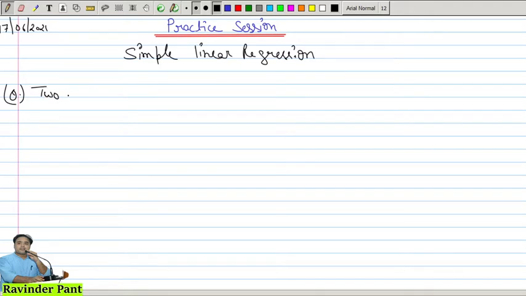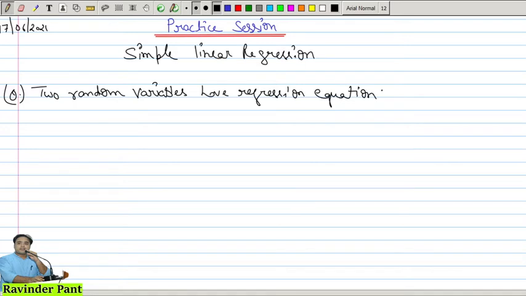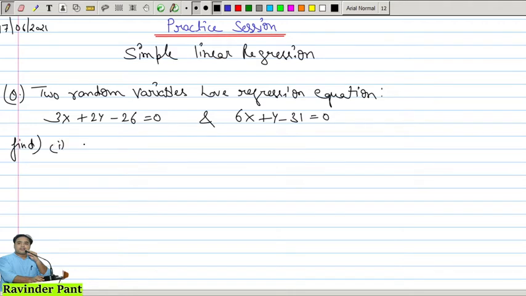This question says that two random variables have a regression equation: one is 3x plus 2y minus 26 is equal to 0 and the other is 6x plus y minus 31 is equal to 0, and we need to find the mean values of x and y, so x bar and y bar.